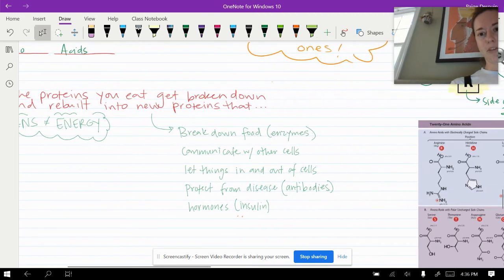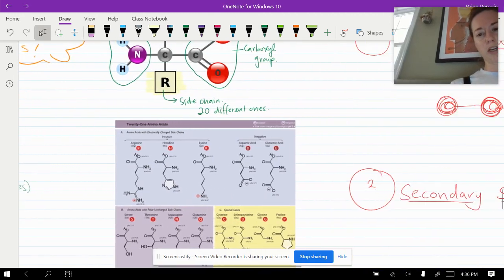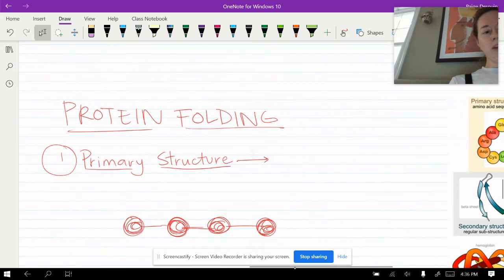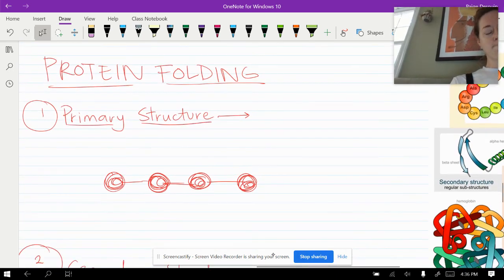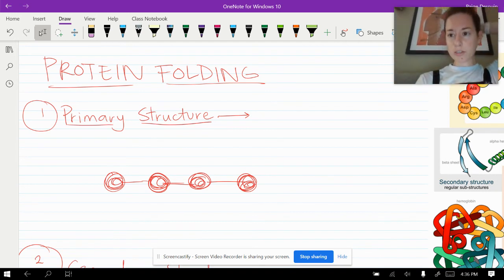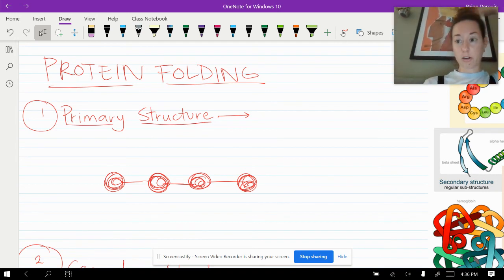Okay, so now let's talk about how proteins fold because this is super important. When we talked about carbs, I talked about how structure is really, really important for the carb doing its job. That's true about proteins too, maybe even more.